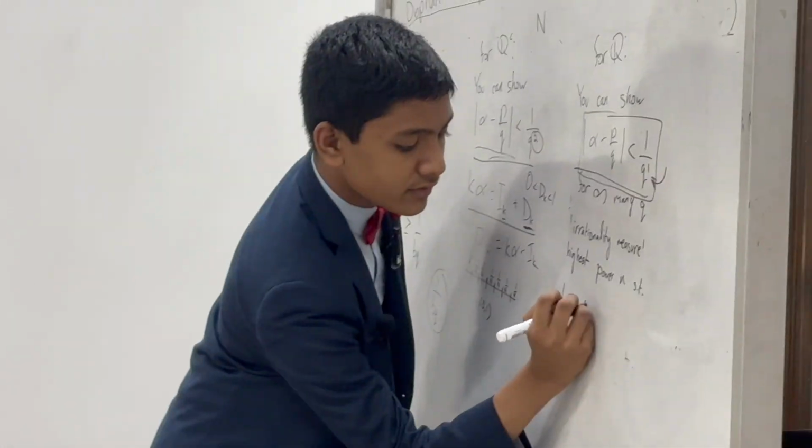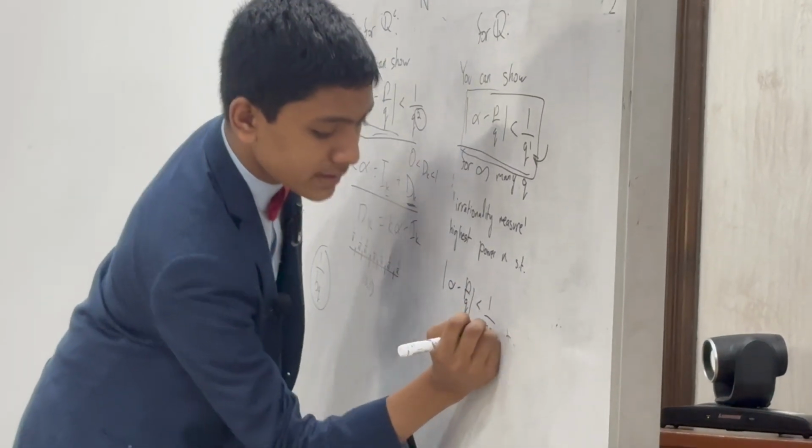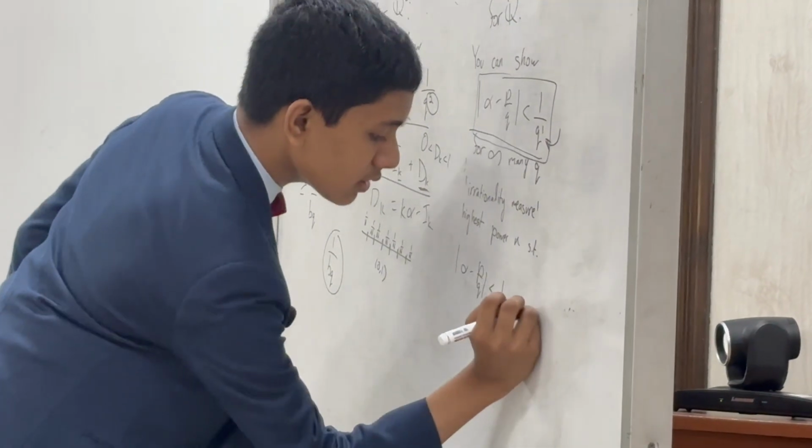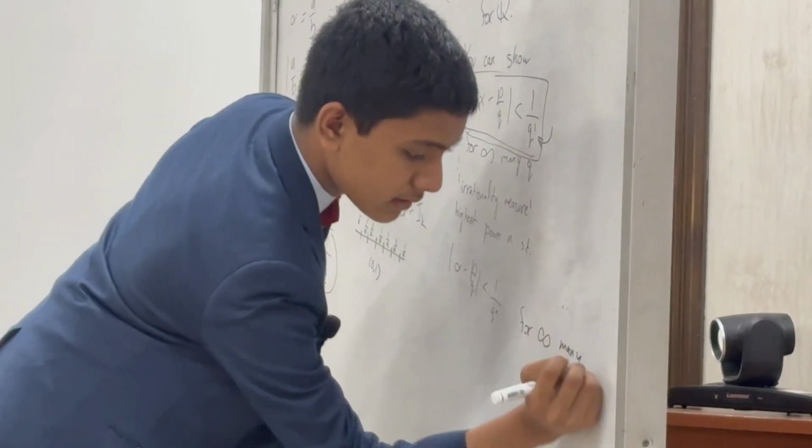So irrationality measure is just the highest power n such that alpha minus p over q is less than 1 over q to the n for infinitely many q.